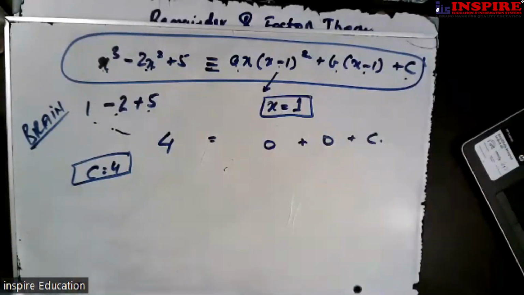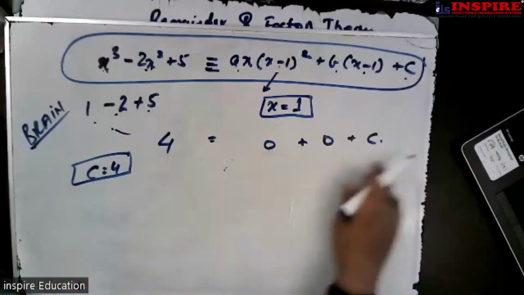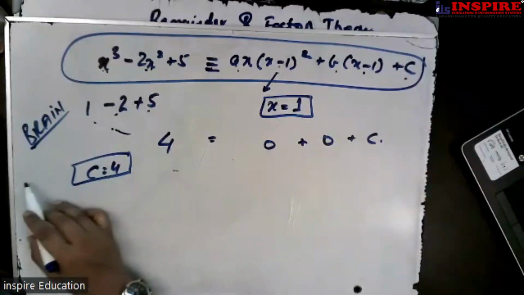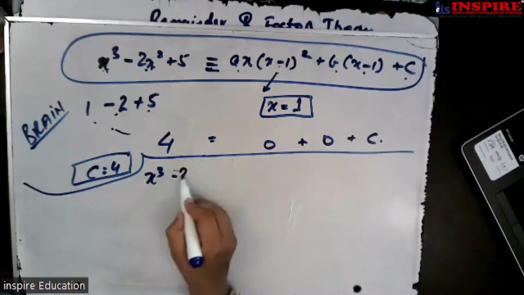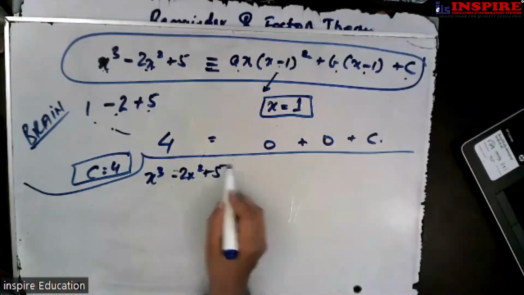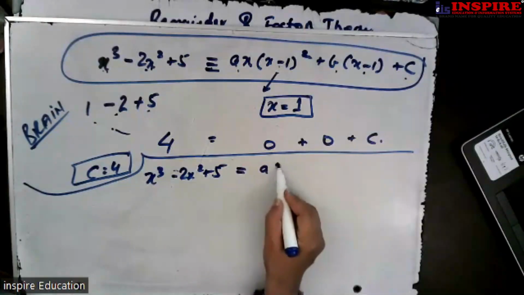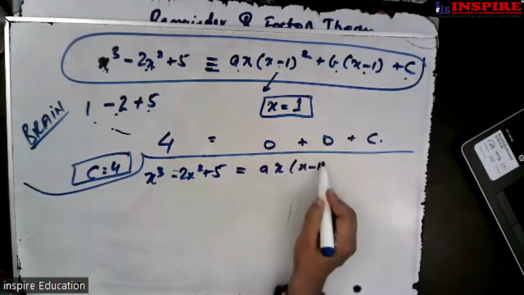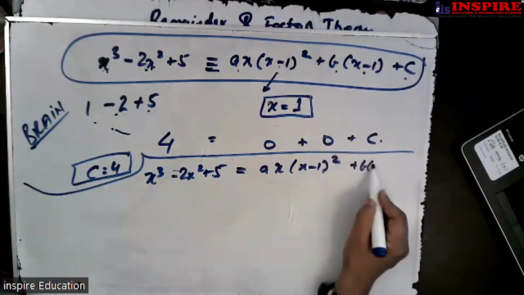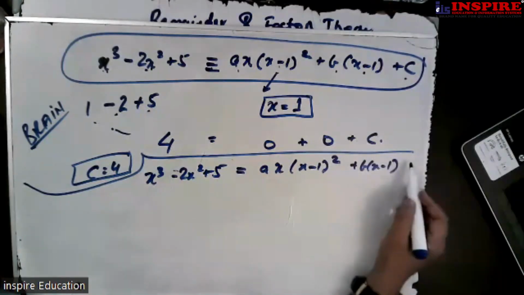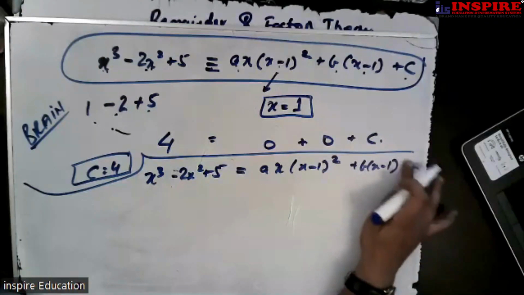Once you get your C as 4, your new identity now becomes x cubed minus 2x squared plus 5 is equal to a times x into x minus 1 whole thing squared plus b into x minus 1, and the c is now equal to 4.